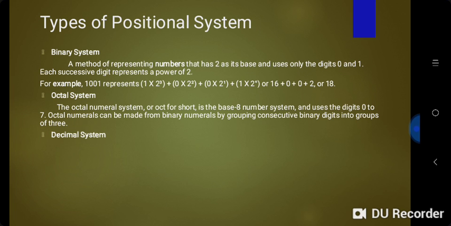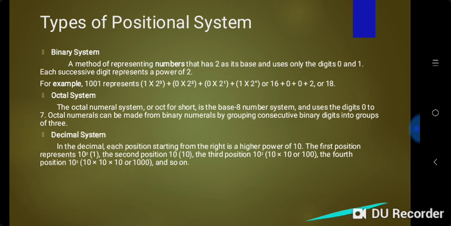Next is the decimal system. In the decimal system, each position starting from the right is a higher power of 10. The first position represents 10 raised to 0 equals 1, because any number raised to a power of 0 is automatically equal to 1.